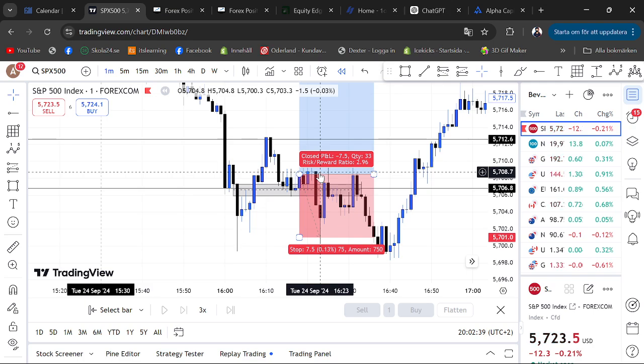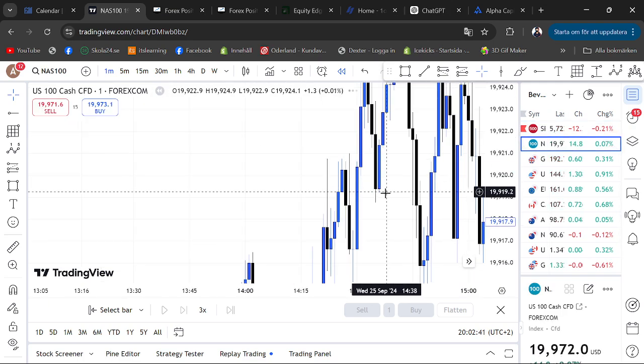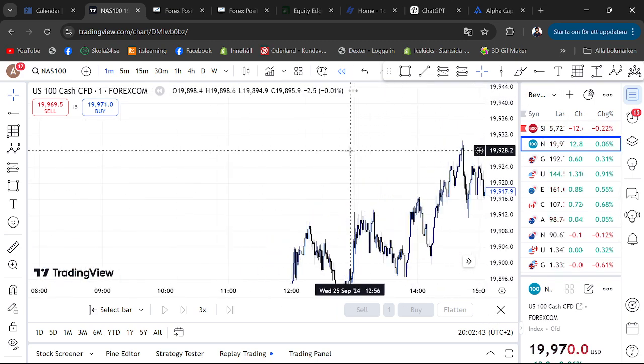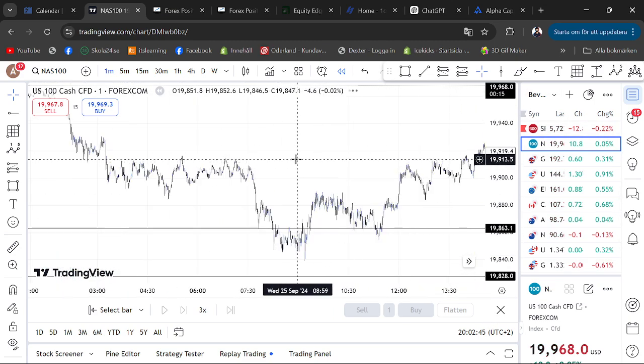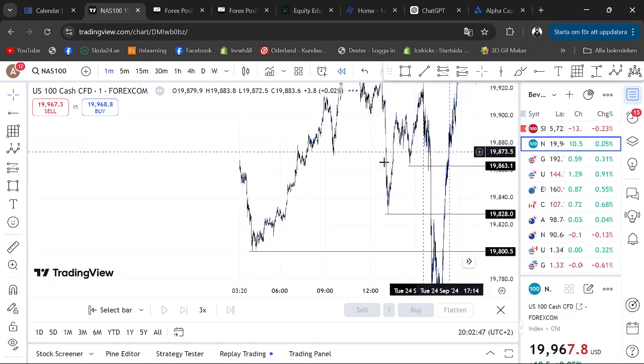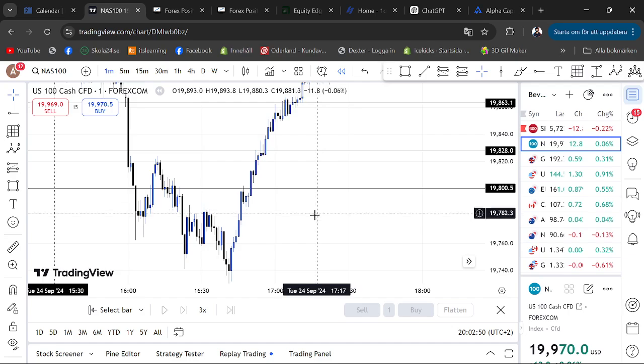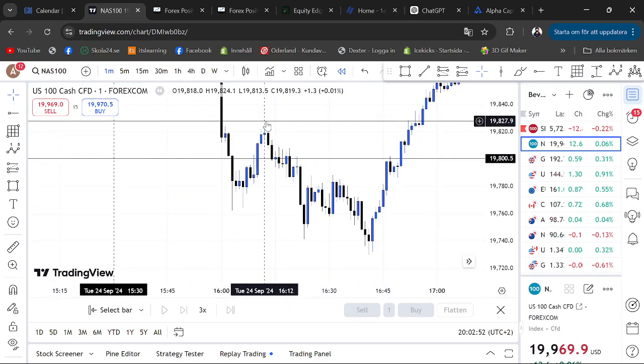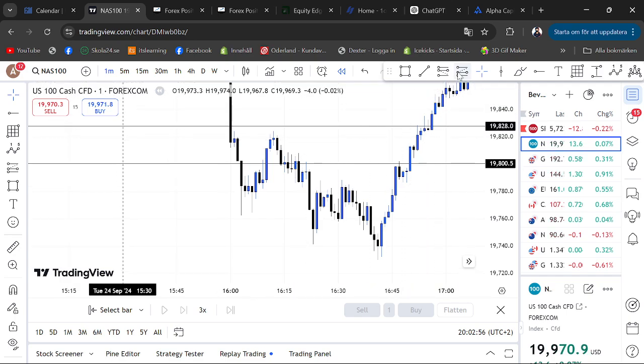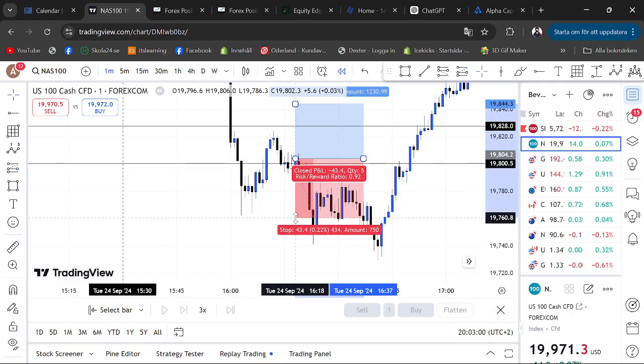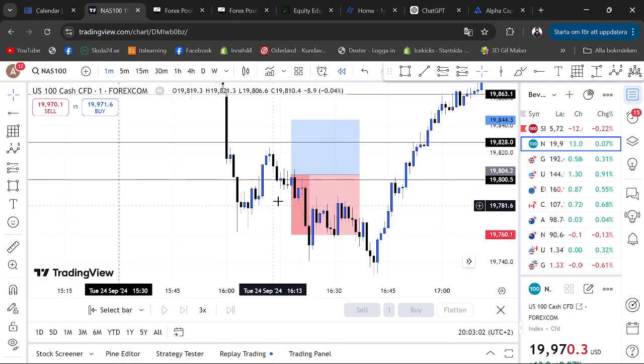I made a mistake and opened that trade on NASDAQ, which meant that I opened with more than 2% on the account. So if we look over here, when I took the trade, it was right around here. So I entered right around here, and then I put my stop loss just below there.